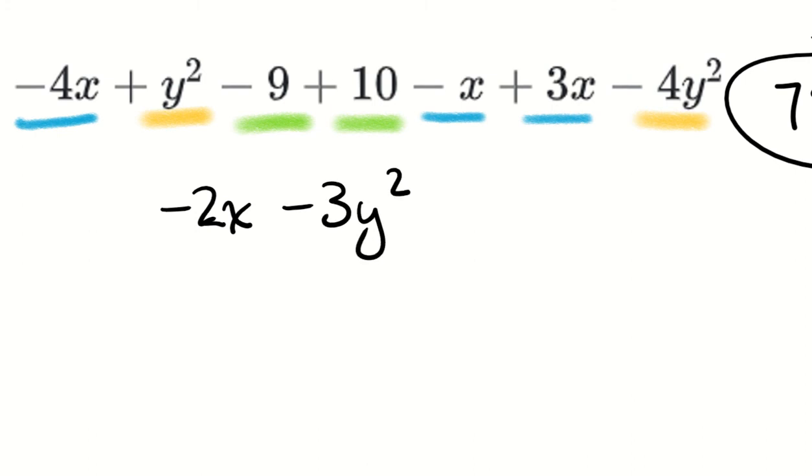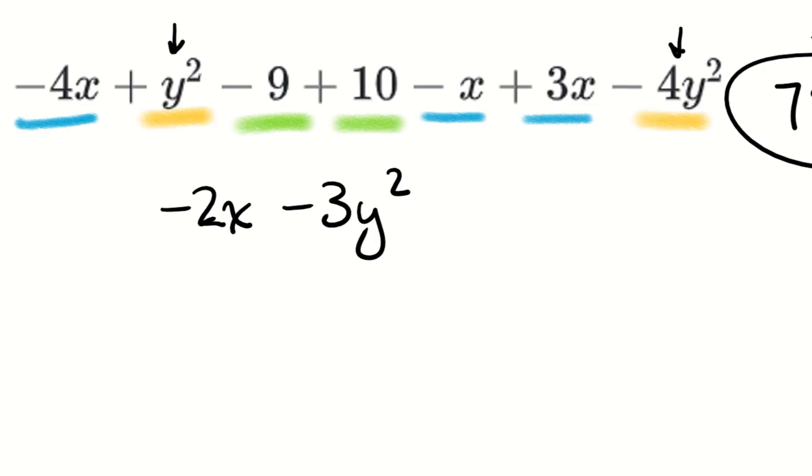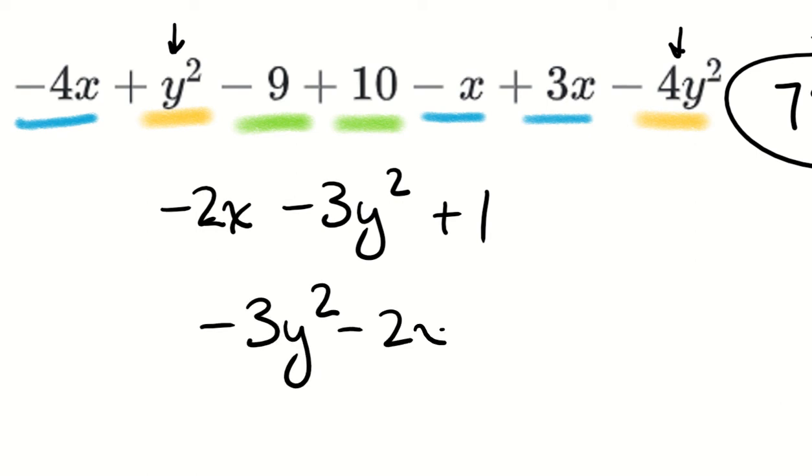If I was looking at the algebra tiles, I could see that 4 of them are negative. One of those negative ones would combine with this one that's positive, and I would be left over with 3 of the negative tiles. And the last thing that I have here is a negative 9 plus 10, which should be plus 1. Probably the way this would be written in the textbook would be negative 3y squared, and then minus 2x, and then plus a 1.